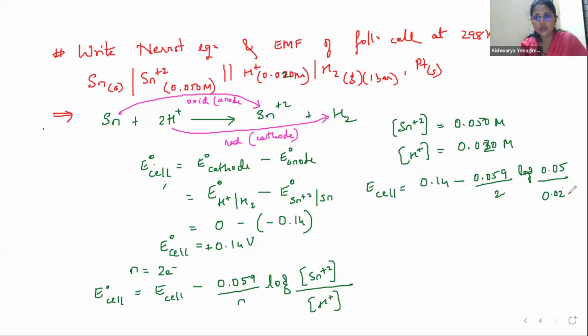Okay. 0.02 the whole square. Solve it out. Check how much you get. You should get the answer 0.078 volts. So this is another example of how we represent a Nernst equation, and using that how we can find the EMF.